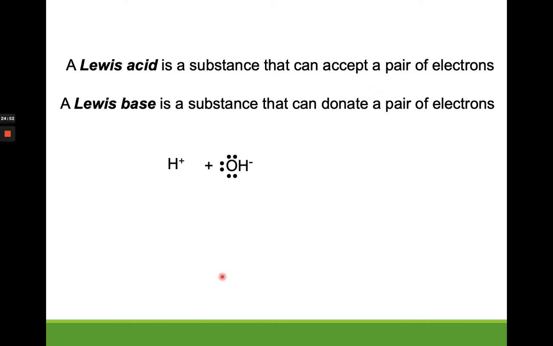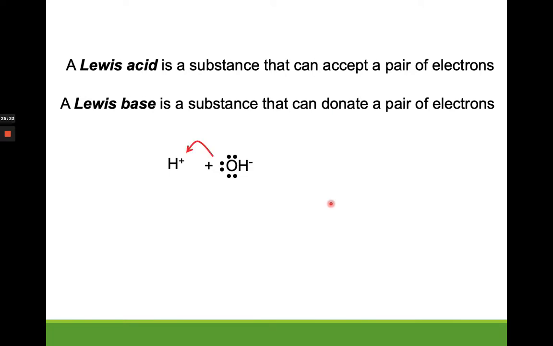So maybe a helpful mnemonic for this is LAAPE, that's Lewis acid accepts a pair of electrons, and then the reverse, Lewis base is the one that can donate a pair of electrons.